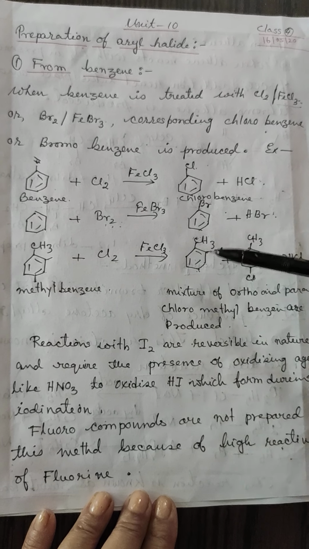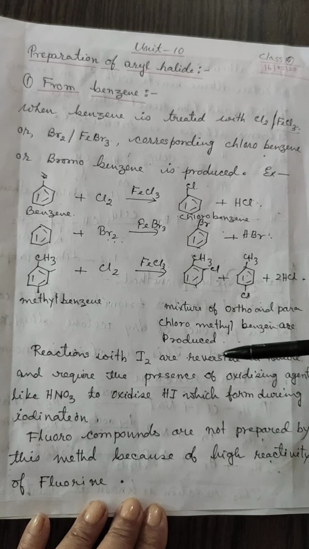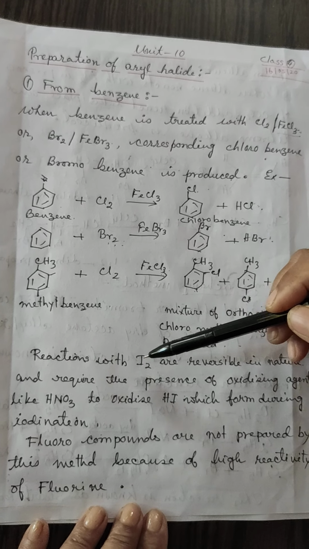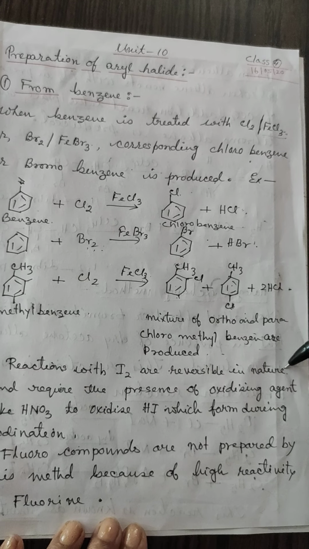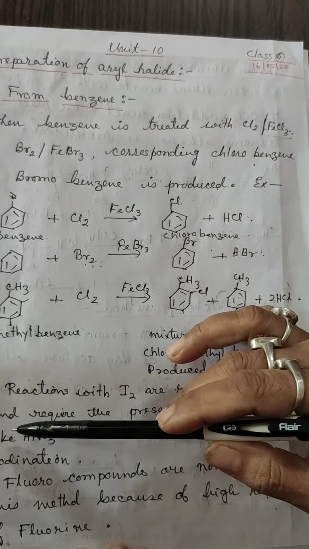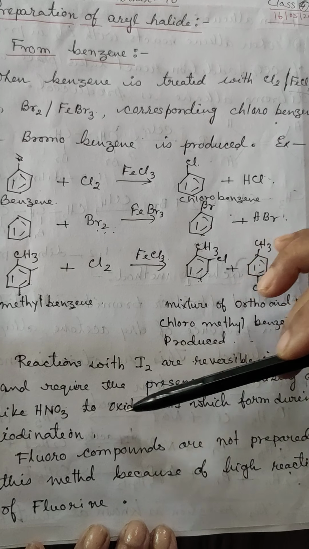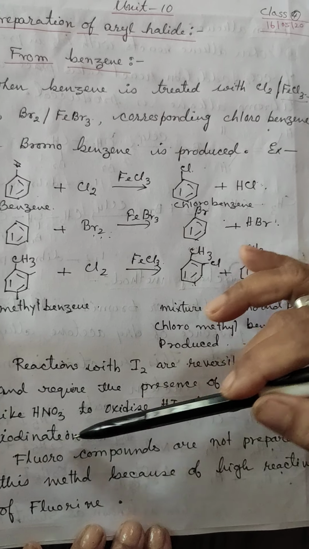Instead of doing it this way, we can use potassium iodide or other reagents in the iodination reaction. So I have written the line: reaction with iodine is reversible in nature and requires the presence of an oxidizing agent like nitric acid to oxidize HI which forms during iodination.